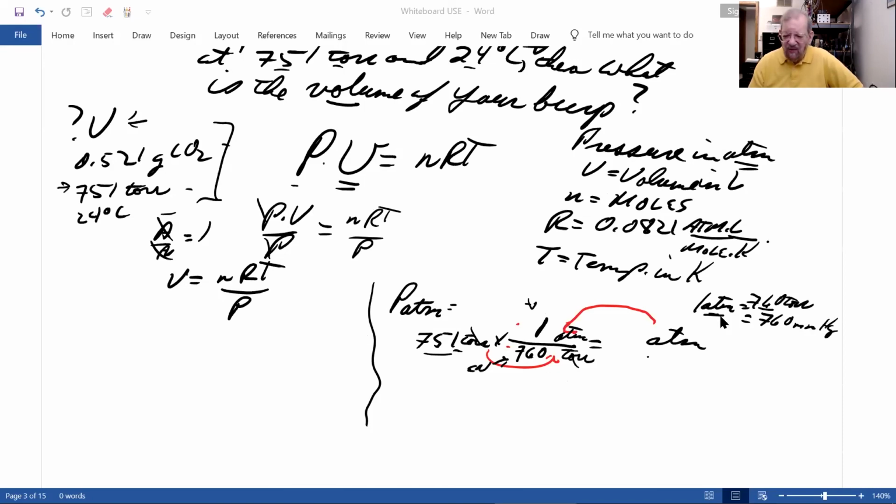Over here on the right, 1 atmosphere equals 760 torr equals 760 millimeters of mercury. And therefore, we know this has to be P subscript atmosphere. This is my way of telling me that's the units I have to have the pressure in. And all questions are good questions.